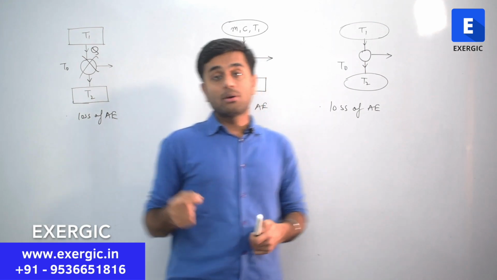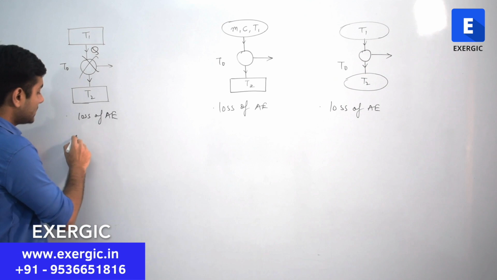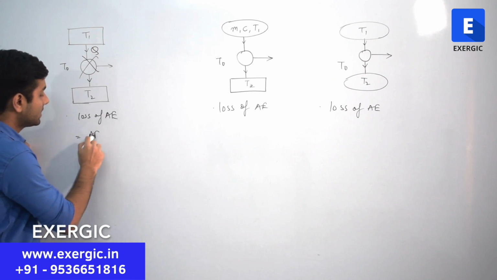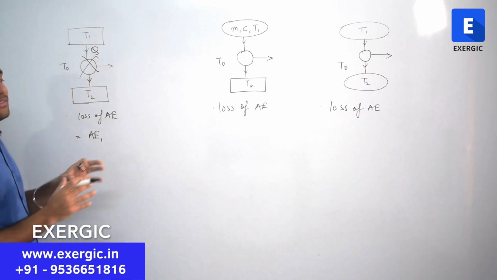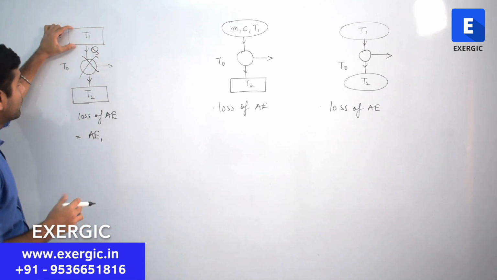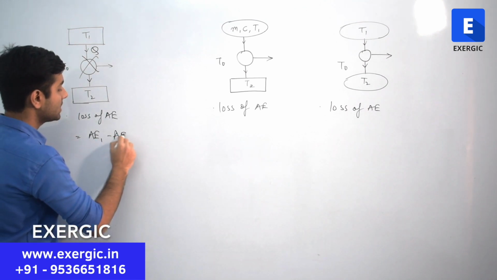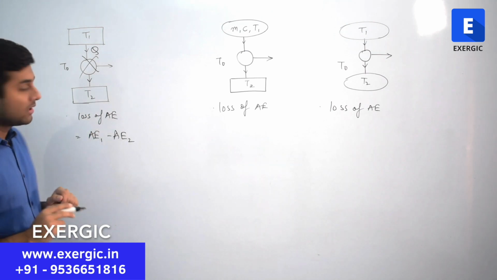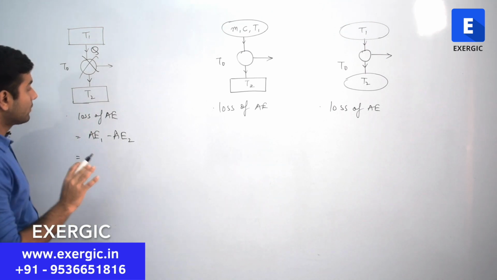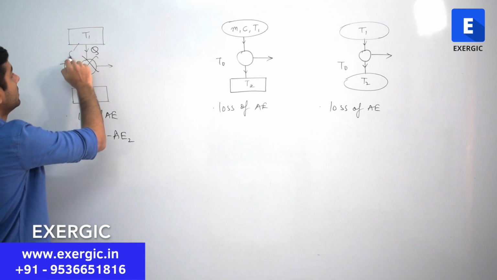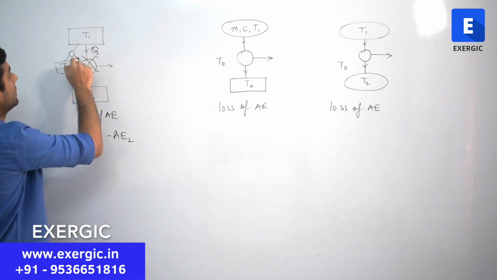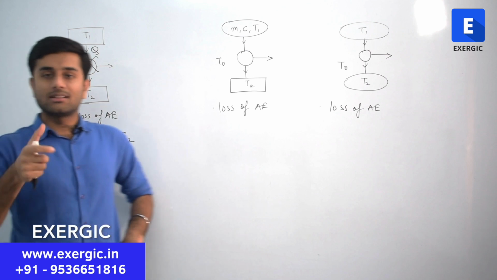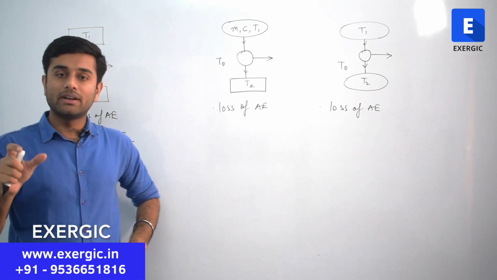So if they ask about loss of available energy, that is equal to the available energy at 1, how much available energy is present if the heat is coming from here, minus how much available energy if the heat is coming from the second body. So from the first, you have to use the heat engine between T1 and T0, right? It's the same case of having two reservoirs.